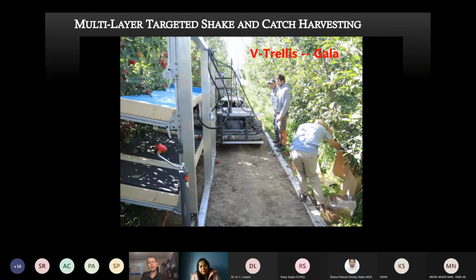The robotic system could be applicable to high-value crops such as Honeycrisp, Sweet Tango, and Cosmic Crisp, the newer variety that Washington State produced or marketed just a few years ago. In those kinds of apples and some other high-value crops, maybe a robotic system is applicable. For some of the other commodity varieties where the market value is not as high as Honeycrisp or Sweet Tango, we might be able to use these kinds of machines.